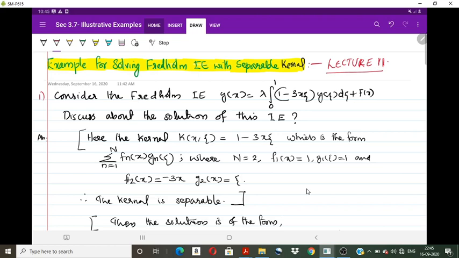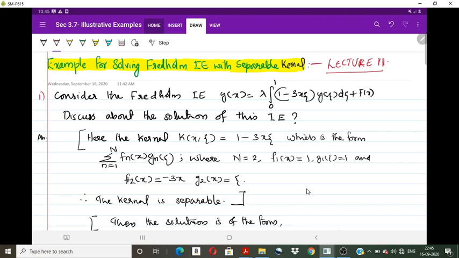So we know that a kernel is said to be separable if it can be written as a finite sum, summation n equal to 1 to capital N, fn of x into gn of theta. That means we can write it as a finite sum of products of a function of x alone and a function of theta alone.